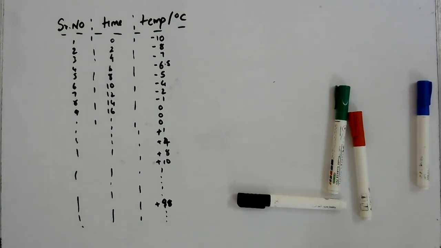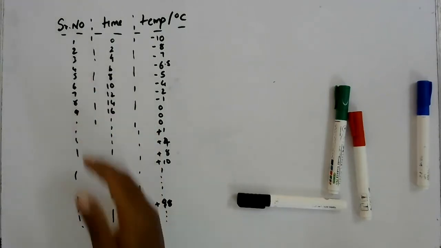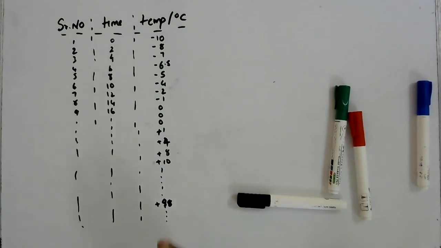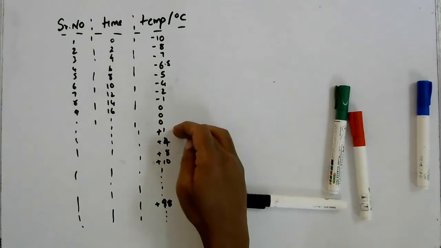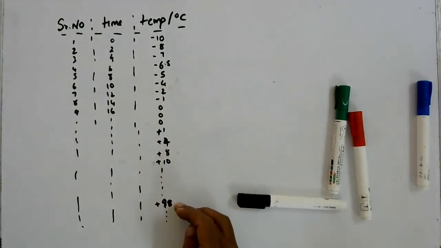Let's say you conducted an experiment in which you took ice at minus 10 degrees Celsius and you started heating the ice, and while heating it you measured the temperature, noted down the details across a long period of time until it melted, turned from ice into water, and then came to its boiling point and then started getting converted into steam.